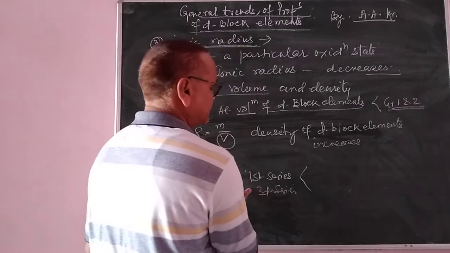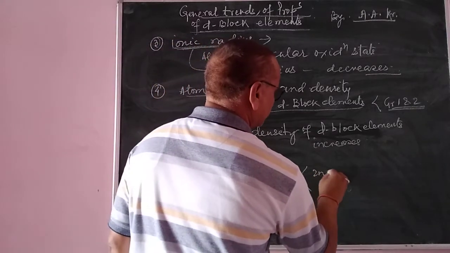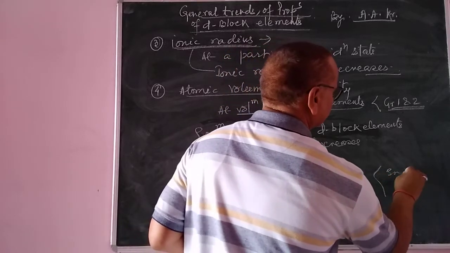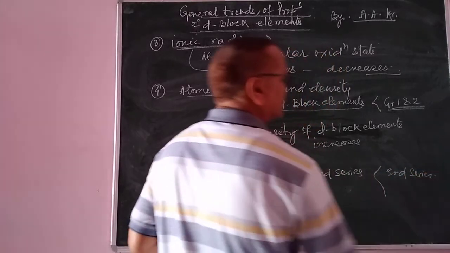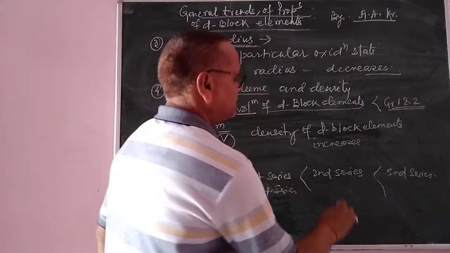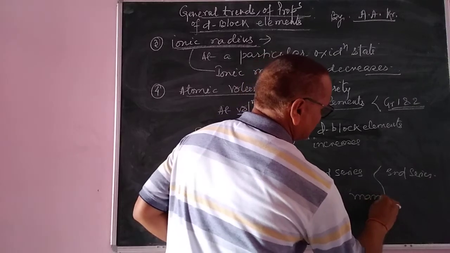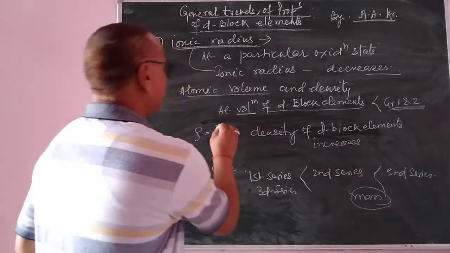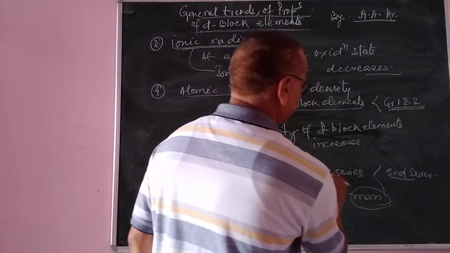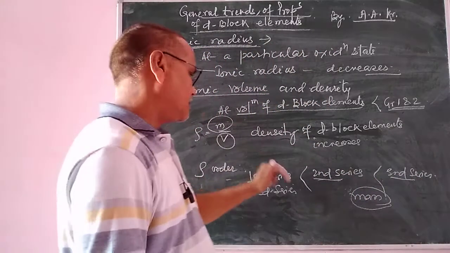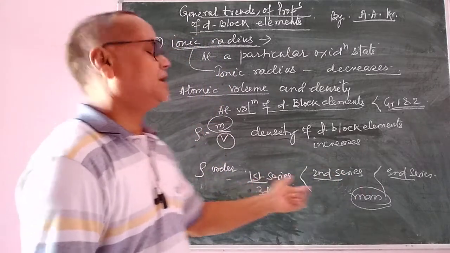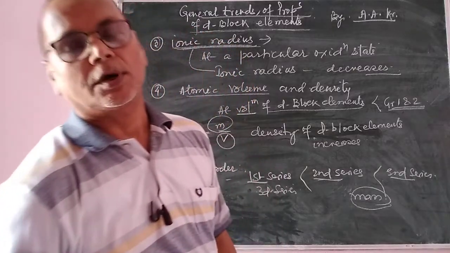It is less than the second series, and then the third series, because their density is based on atomic mass. The atomic mass of the second series is greater than the first, and the third is greater than the second. So in different series, the density will also increase up to the third series.